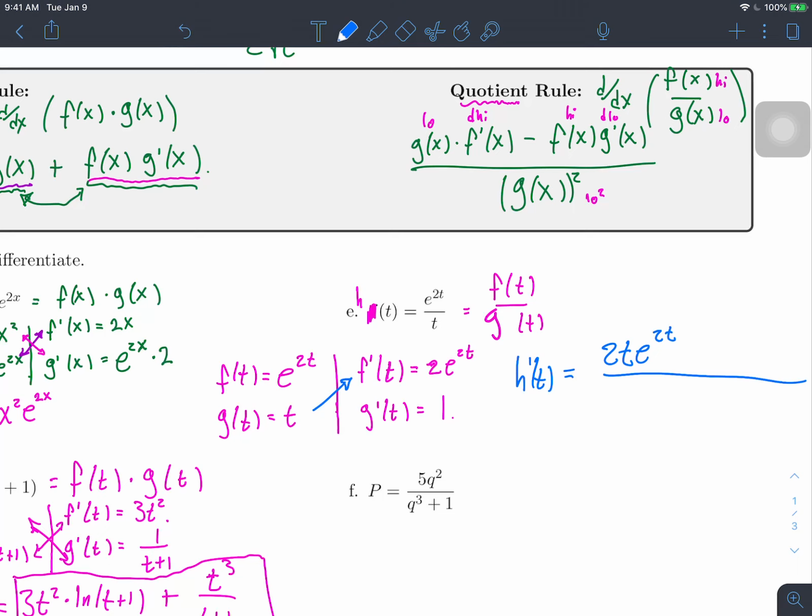Now I need a subtraction sign. And very importantly, on the right hand side of the subtraction sign is where I need to put high D low. That's the other one. So high D low is just e to the 2t.